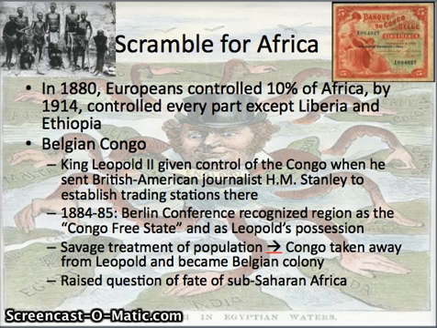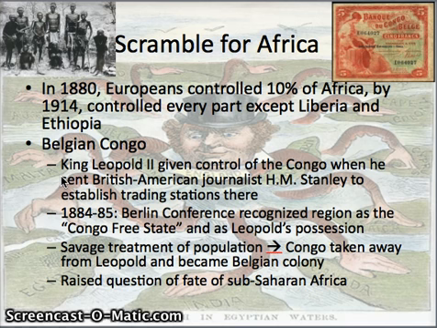Now, what starts this pattern? The very first instance that we see of the new imperialism takes place in Congo. Leopold II, who is the King of Belgium in 1879, is going to send an American-British journalist, a guy named H.M. Stanley, down to the Congo to try to set up some trading regions in that area.